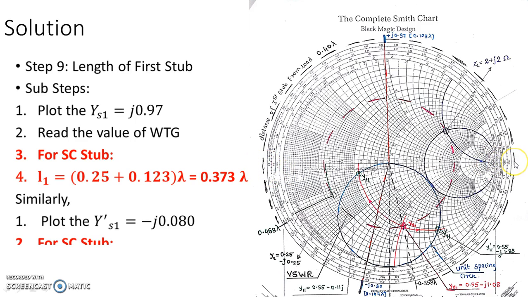From the short circuit point, I will travel on wavelength towards the generator and reach up to j0.97. That will give me the value as 0.25 plus 0.123 lambda, which is nothing but 0.373 lambda. So the length of the first stub, L1, is 0.373 lambda. So we have reached the first stub and obtained the first stub length, which is 0.373 lambda.